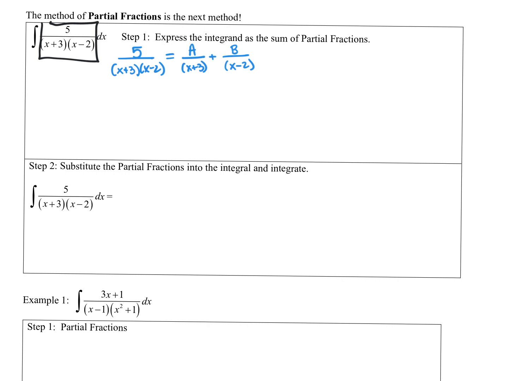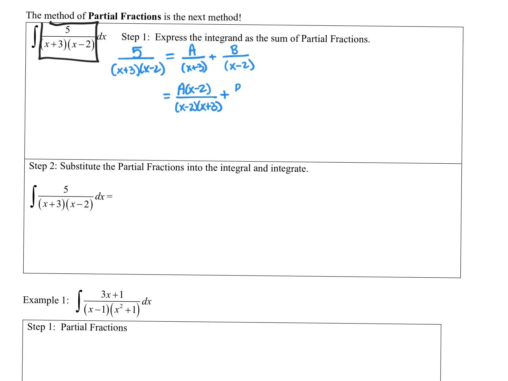So what do I have to be able to add two fractions together? Common denominator, right? So what am I going to have to multiply this fraction by? X minus 2. So I'll multiply A times X minus 2, and X minus 2 in the bottom times X plus 3. And what will I have to multiply this fraction by, the second one?